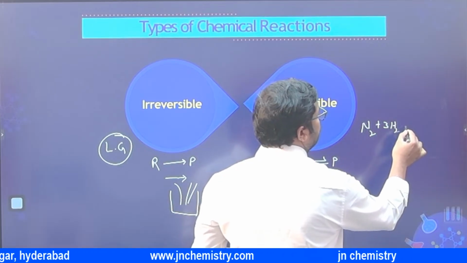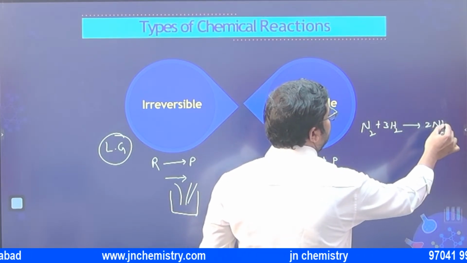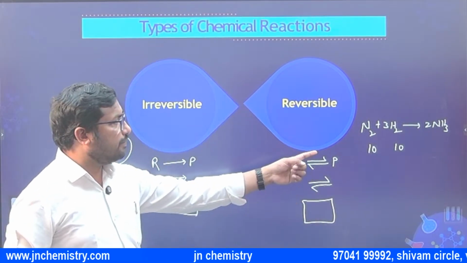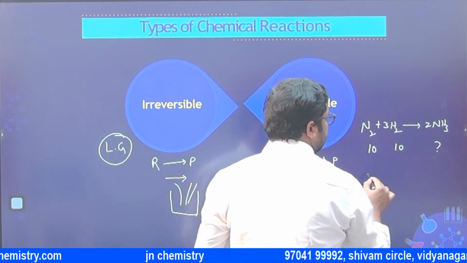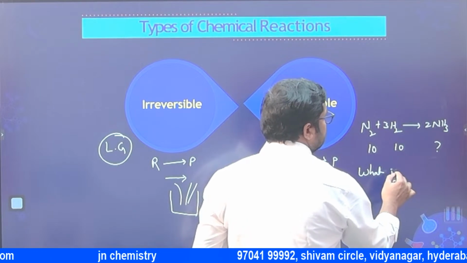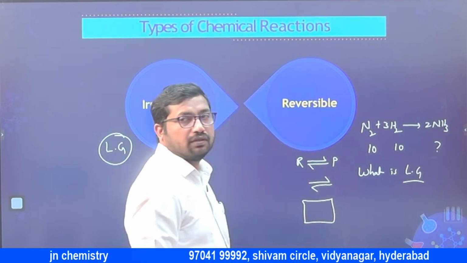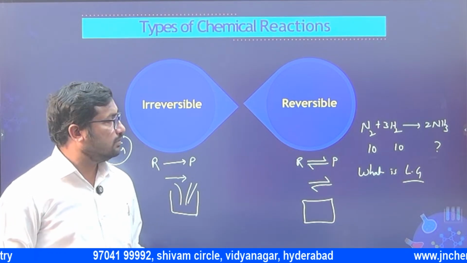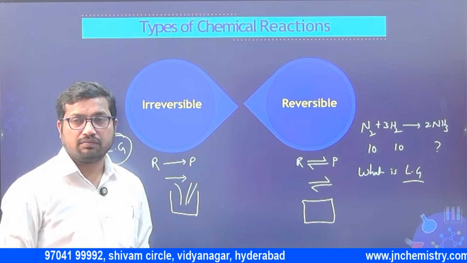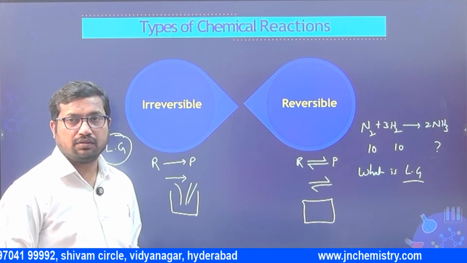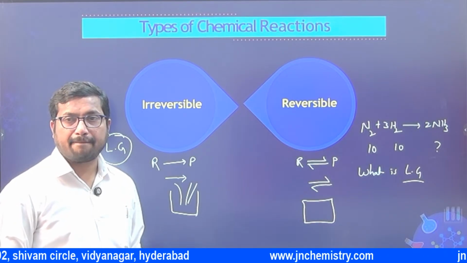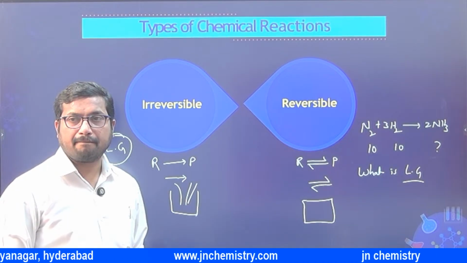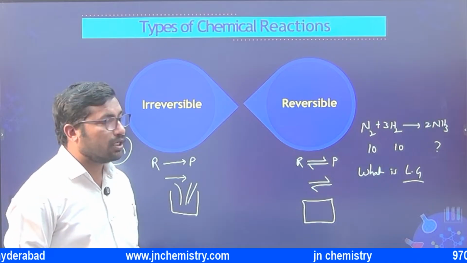For example, N2 plus 3H2 gives rise to 2NH3. I'm taking 10 moles of nitrogen and 10 moles of hydrogen. How many moles of ammonia form? What is the limiting reagent here, nitrogen or hydrogen?